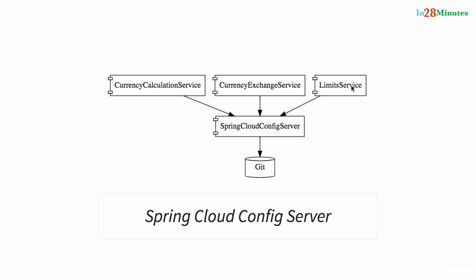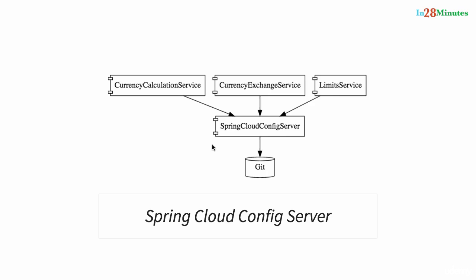The important thing for you to understand is the fact that right now all the configuration for the limit service is coming from where? It's coming from the Git repository. We are not really configuring anything in the limit service. The only thing which we are configuring in the limit service is the URI of the Spring Cloud config server. That's the only thing. Other than that, all the other configuration for limit service is being configured in the Git repository.